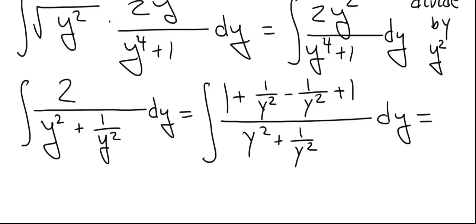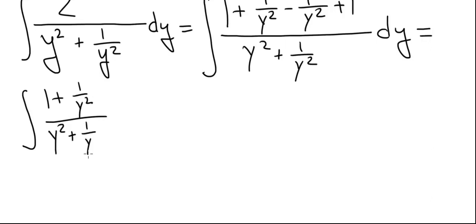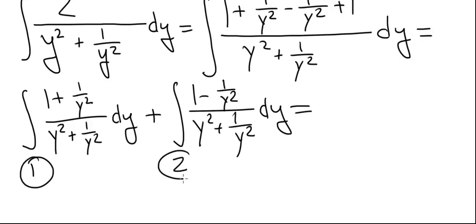And now let's write this as a sum of two integrals. The first integral is 1 plus 1 over y squared divided by y squared plus 1 over y squared dy. And the second integral is 1 minus 1 over y squared divided by y squared plus 1 over y squared dy. And now we use result number 3. Let's call this integral 1, and this is integral 2.